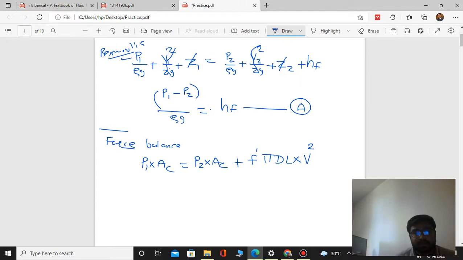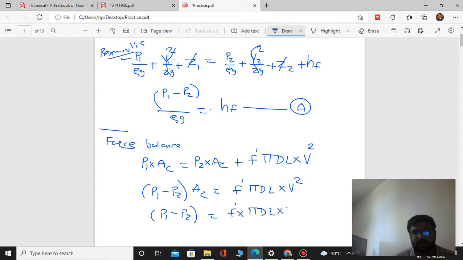Now here let us take P1 minus P2 into area of cross section. Here we have the equation pi dl into v square. Now ultimately what we will have to find out: P1 minus P2 is equal to f dash into pi dl into v square. Now here the area of cross section.